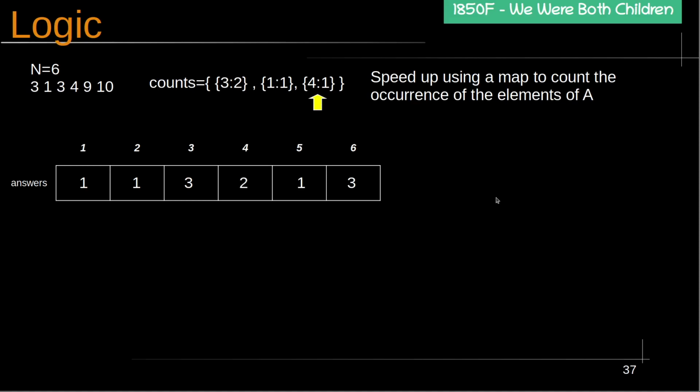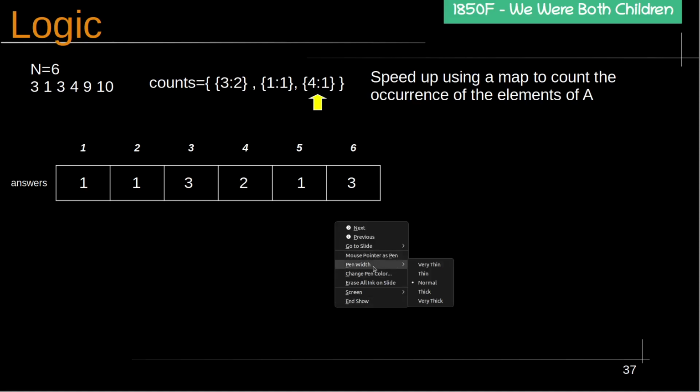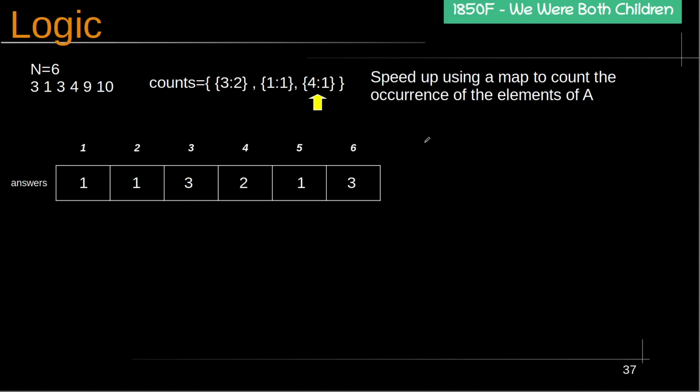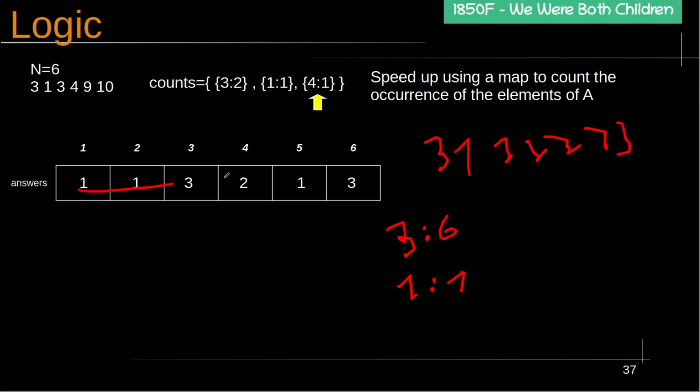The idea here is, for example, if you have 3, 1, 3, 3, 3, 3, 3, okay? Instead of going element by element, we compute the number of 3's. Here we have 6, and just 1 for the 1.